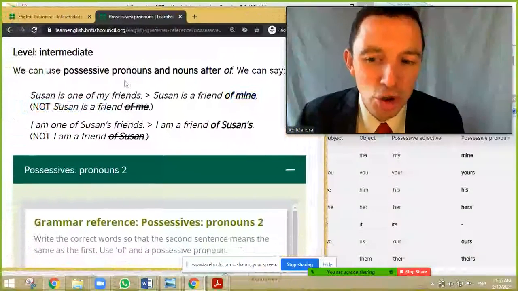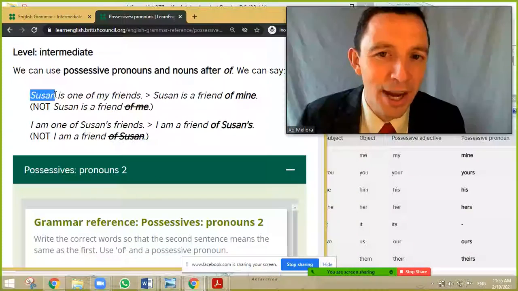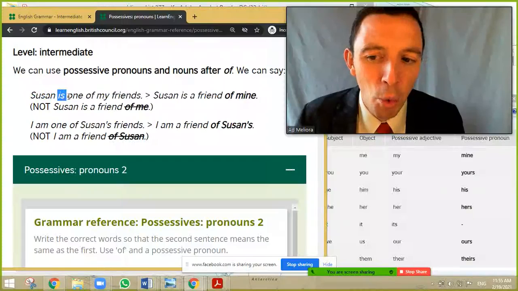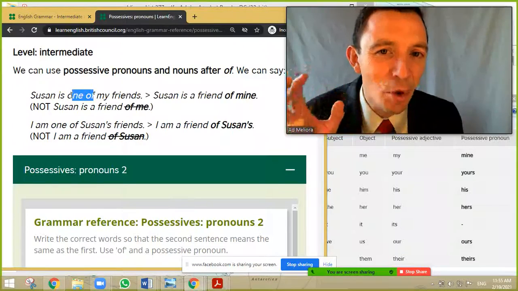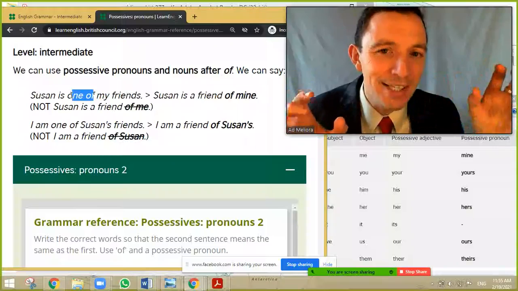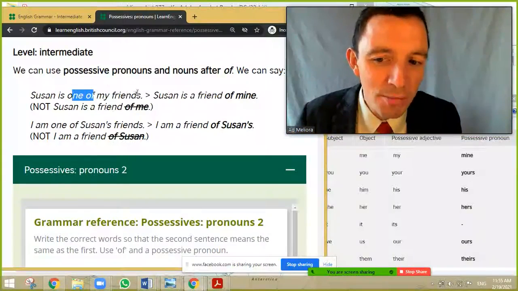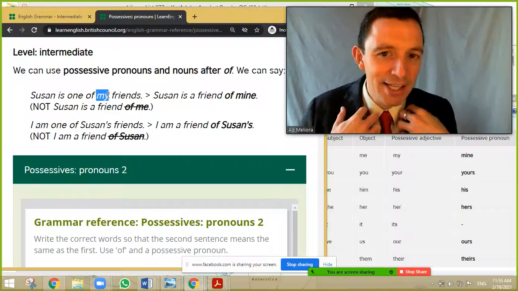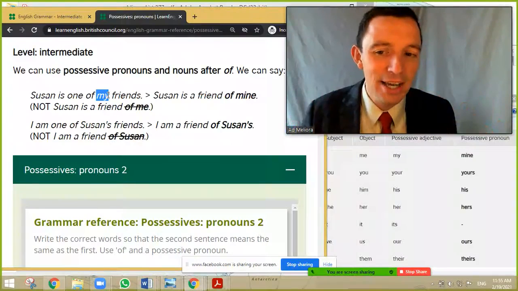So the first example, Susan is the subject, the verb is, one of is a very typical structure, but it's necessary the structure one of with the plural. One of the best days, one of the best weeks, one of my friends, so it's plural, and it's possession. My friends, your friends, his friends, okay?